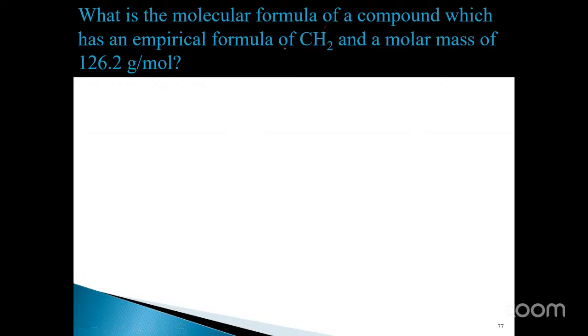So here we have an empirical formula which is given already, and the question is asking for the molecular formula. So what we need to do is find out what the empirical formula mass is, and that would be equal to the sum of the molar masses according to the formula. So that's 12.01 grams per mole plus 2 times 1.008 grams per mole, right?